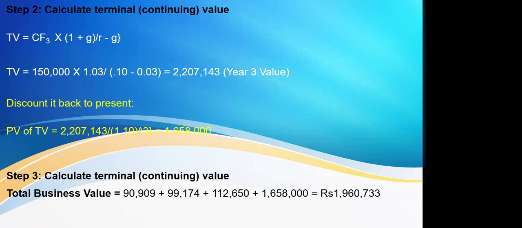Then you will arrive at 1.6 million. So we will say our business value is almost 2 million. So my price is 2 million.